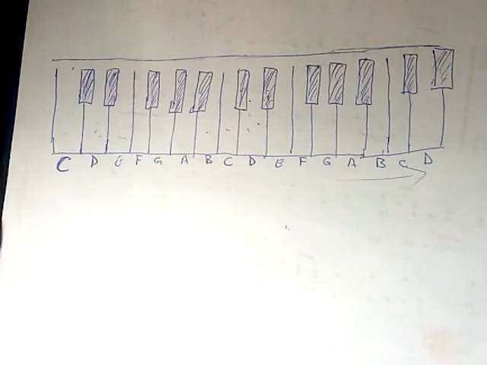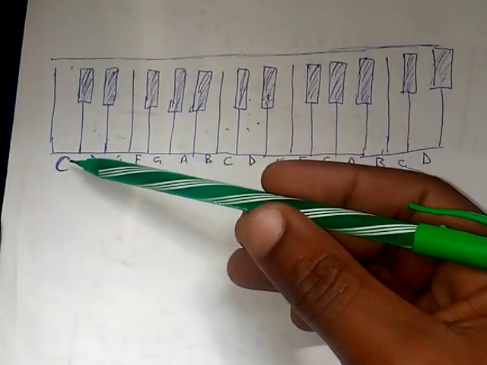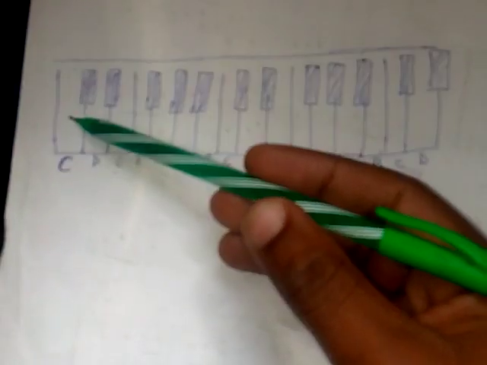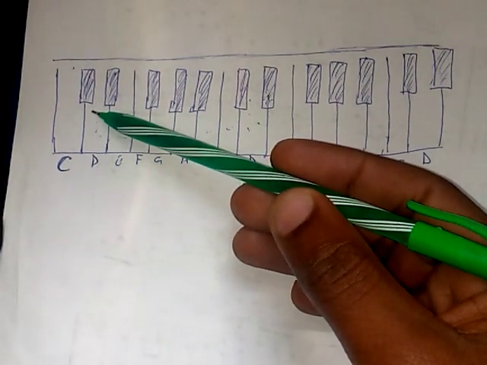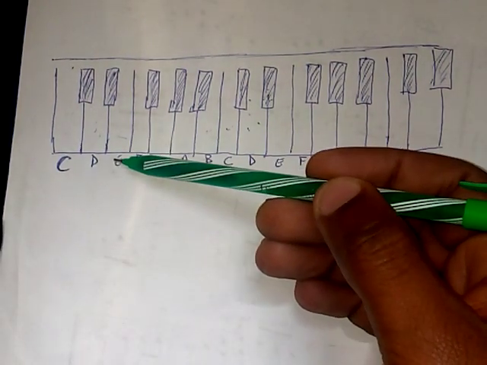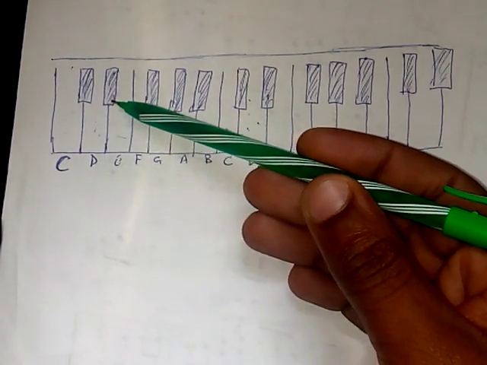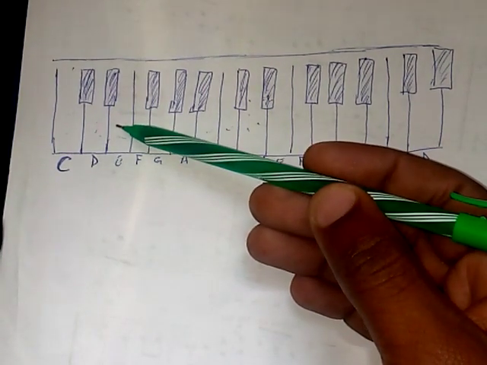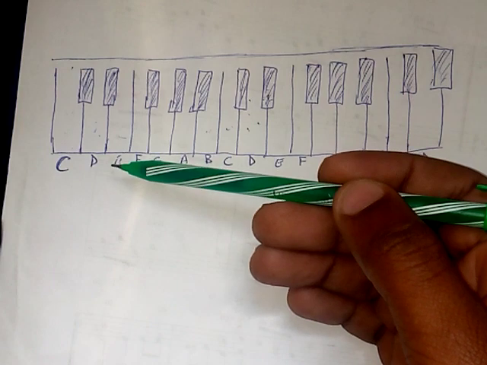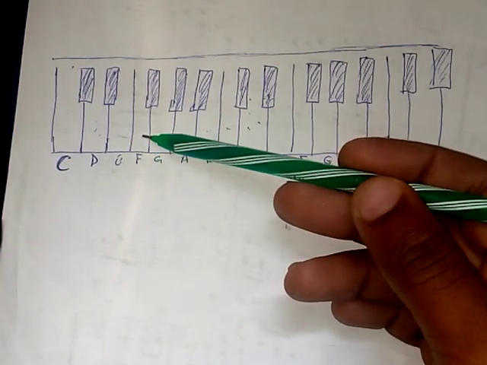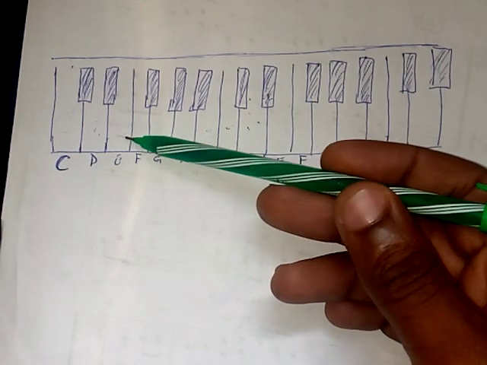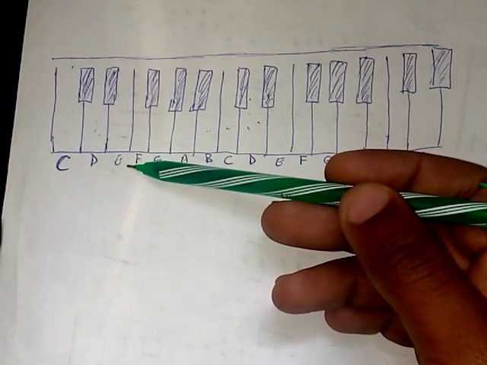To prove this, the distance from C to D is a semitone and a semitone. That makes a tone. From D to E, we have a semitone and a semitone. That makes a tone. From E to F, we have only a semitone as the shortest distance.